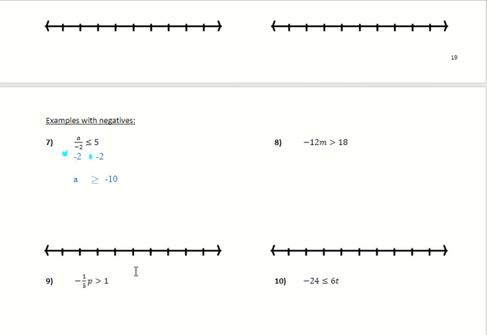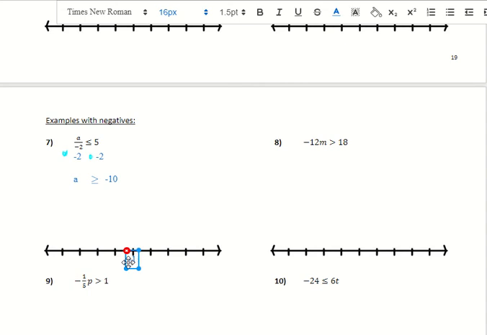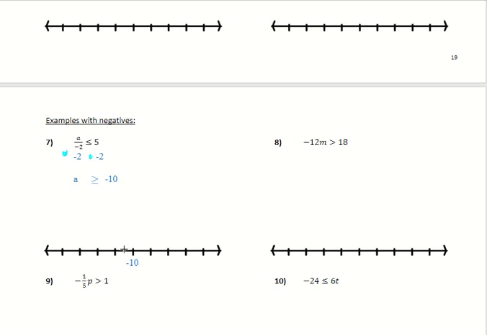So now I'm going to still graph my critical number, which is -10. I do have an equal sign, so I have a greater than or equal.